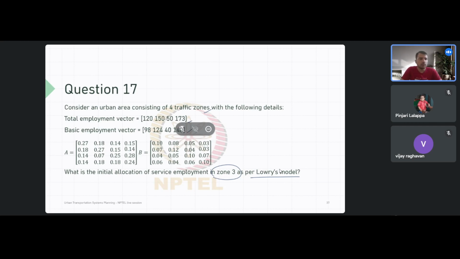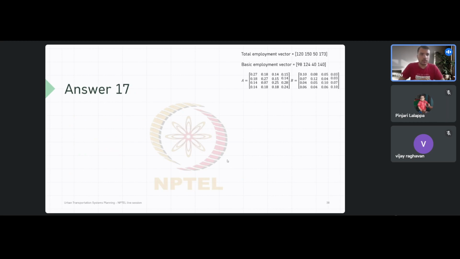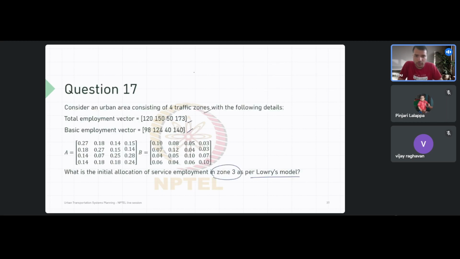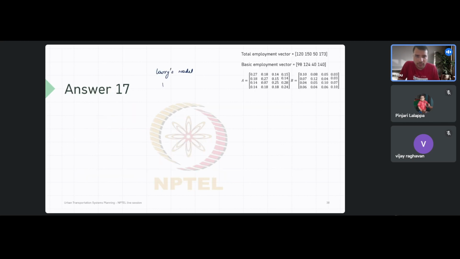Since there is no response, we'll start with the answer. So let's see what we have been given. Here we have to use Lowry's model. First we have to find the value of P. P is given by E into A. Here we take E as the total employment vector, and A we have here.